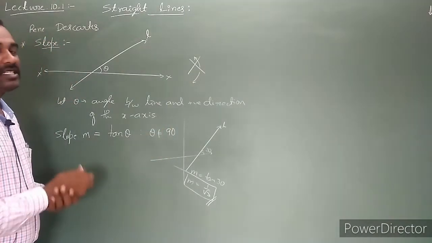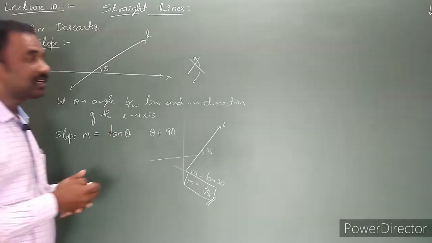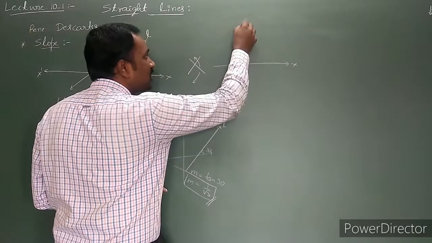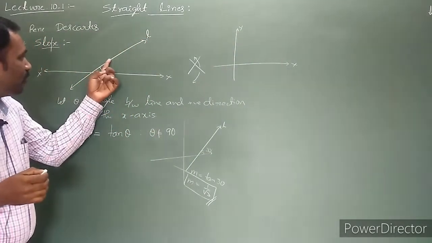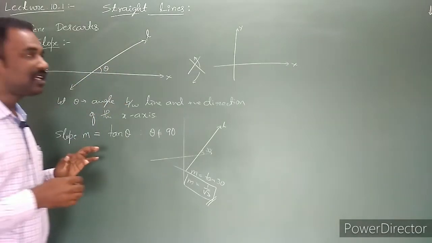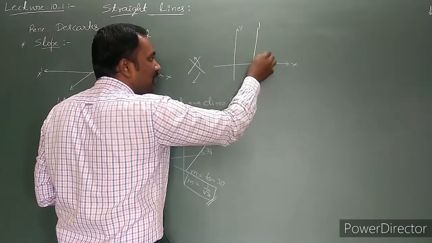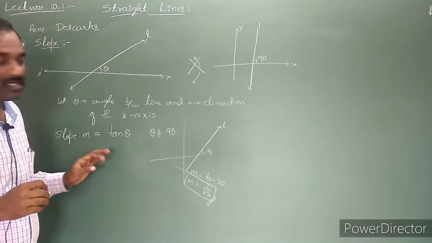Why is theta not 90 degrees? What happens if theta is 90 degrees? This is the x-axis, this is the y-axis. Theta is 90. Angle between the line and the x-axis is 90. That means this is the line which makes an angle 90 degrees with the positive direction of the x-axis.